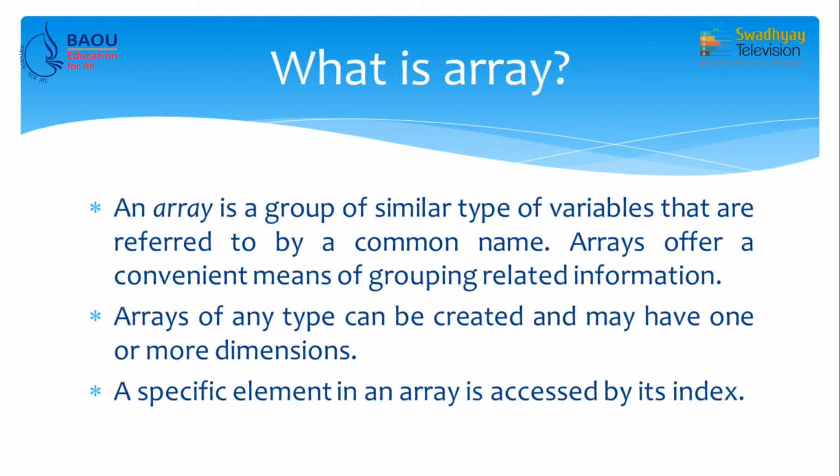Now, we can have an array of integers, we can have an array of float, we can even have an array of objects. And how can we differentiate these data from each other? We can use an index, which is sometimes also known as a subscript.